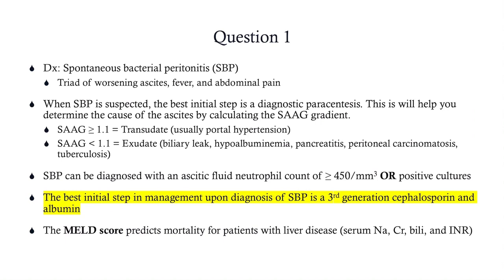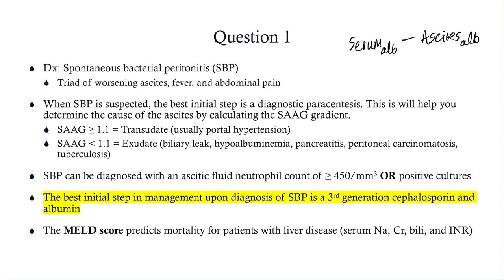So basically, this is just a mathematical equation. We take the serum albumin and subtract the ascites albumin. Okay, so what we would expect to see if the serum albumin ascites gradient, or SAAG, is more than 1.1, this is a transudative effusion.